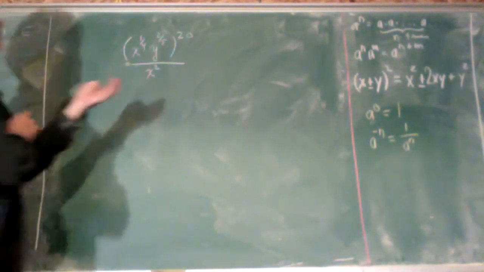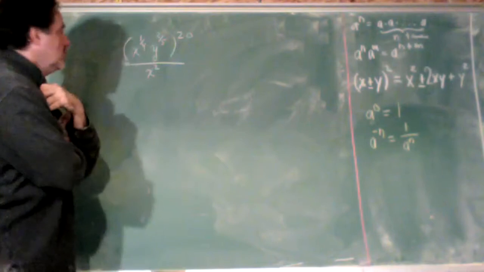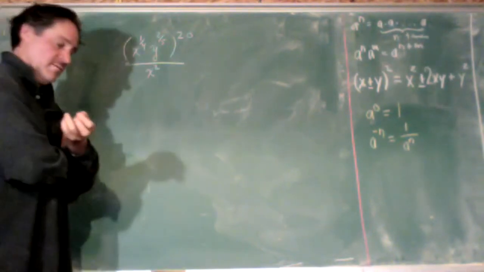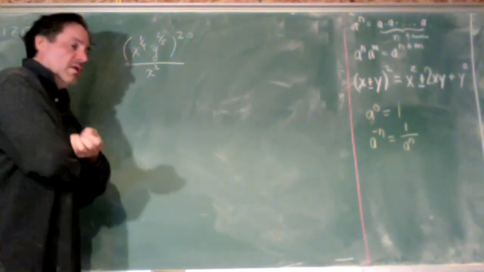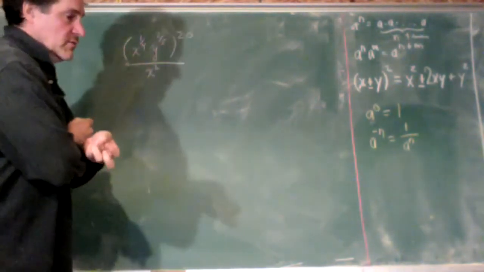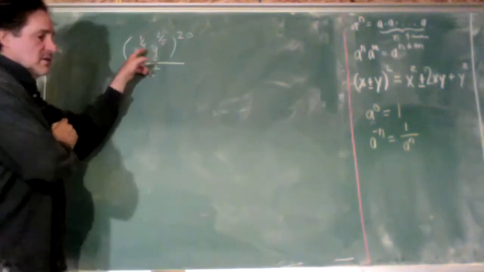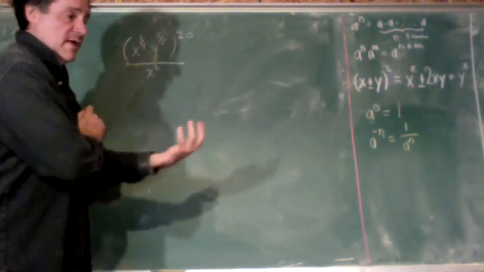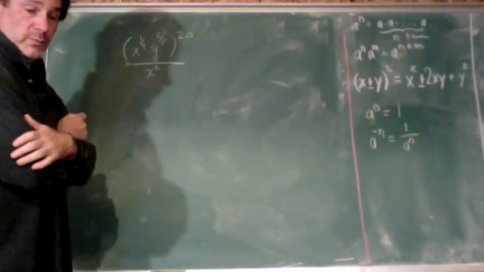At first blush, this looks like we're dealing with a somewhat different animal because we're dealing with rational exponents. But we recall that the rules of exponents working with rational numbers are the same as the rules of exponents working with integers.